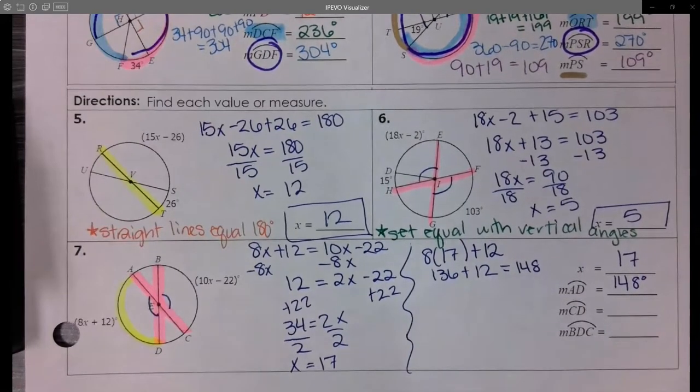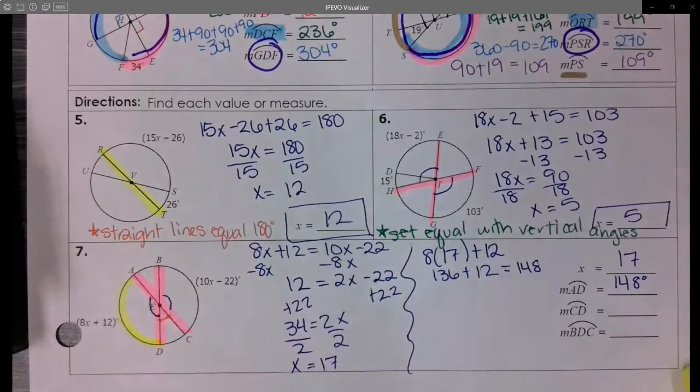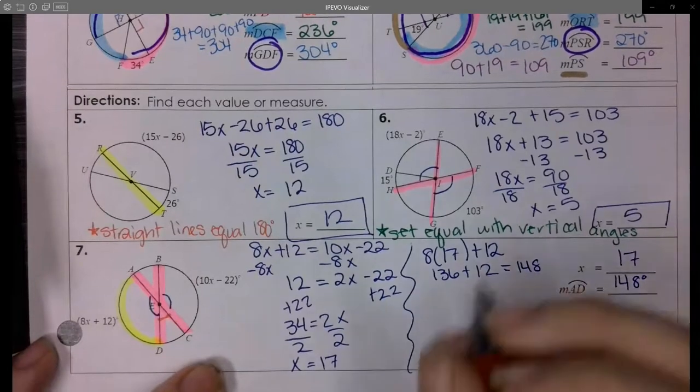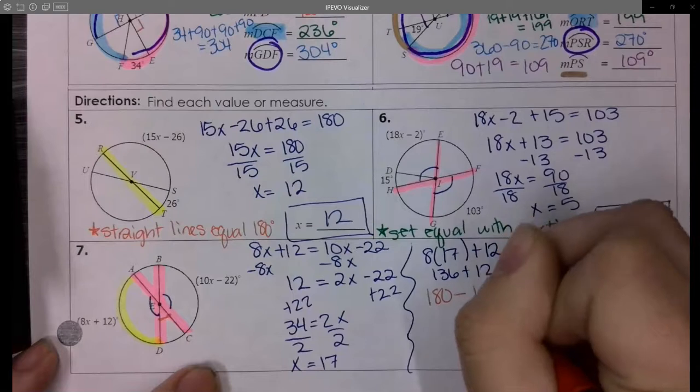Then it wants me to find the measure of CD, which is right here. That makes a straight line with AD, which we just found. So I can do 180 minus the 148.